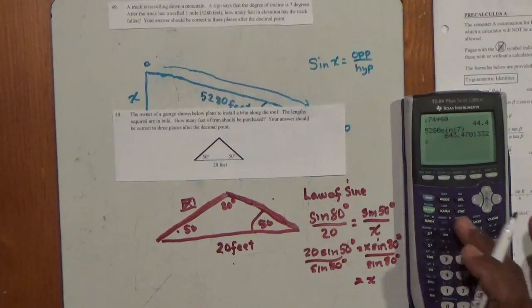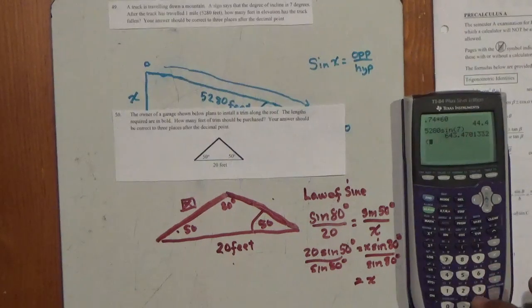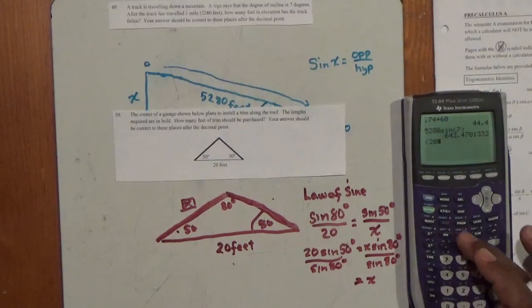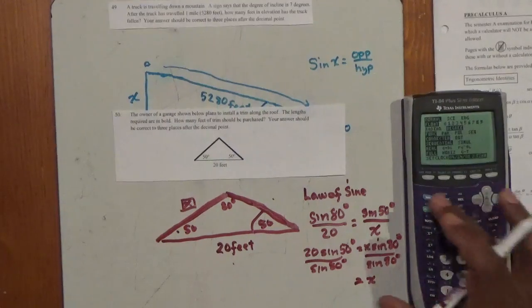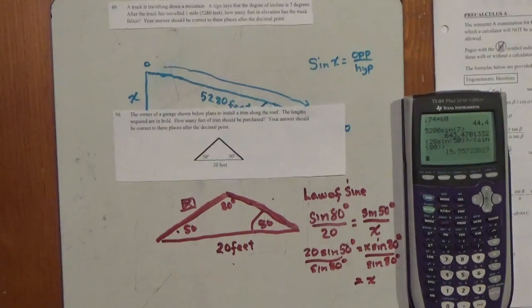Let's see what the answer is. 20 sine 50 degrees divided by sine 80. Make sure we are in degrees, and we are. Enter.